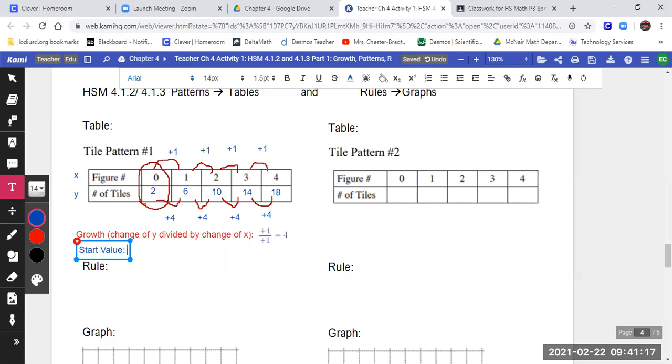So start value is a positive 2 or a negative 2? Positive 2. Okay. So now we can build the rule.